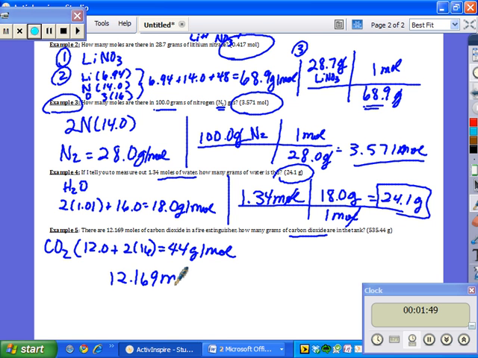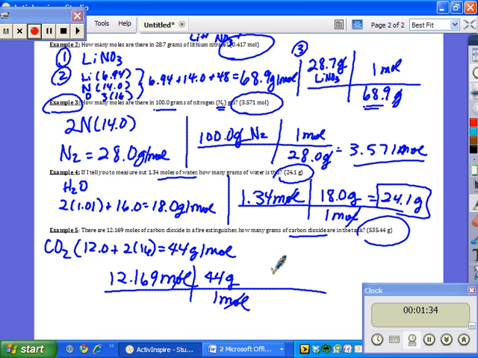I'm going to convert that to grams. 44 grams over 1 mole. Moles cancel. I'm going to have a whole lot of grams. In fact, 535.44 grams. The reason I have 5 sig figs is because 12.169 is 5 sig figs. Okay, that completes mole conversion.